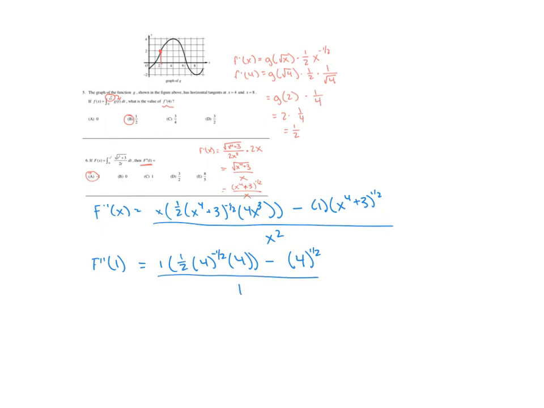So working with this numerator, 4 to the negative 1/2 is 1/2. 4 to the 1/2 is 2, because that's the square root of 4. And for this, 1/2 times 1/2 times 4 is 1. And then 1 minus 2 is -1.